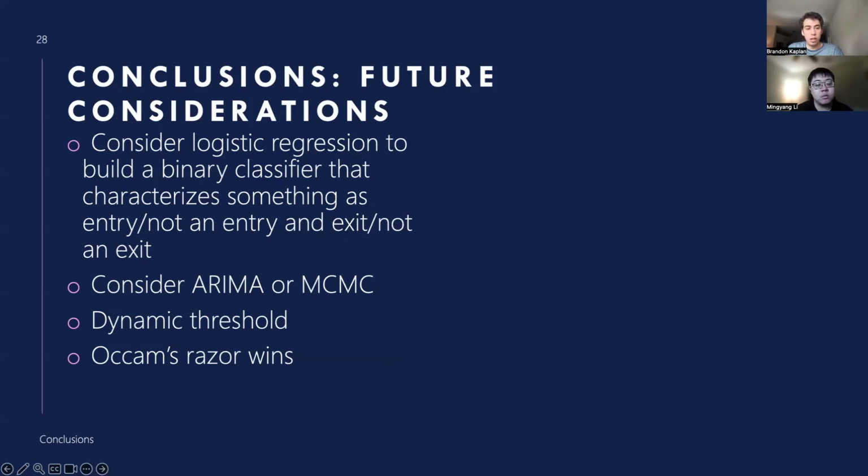We might consider an ARIMA model or Markov chain Monte Carlo that would help to balance out assumptions that we made about our linear regression model that are not valid. ARIMA would take into account the fact that there might be autocorrelation. Markov chain Monte Carlo doesn't make the same assumptions regarding the residuals, so it might be more suitable.